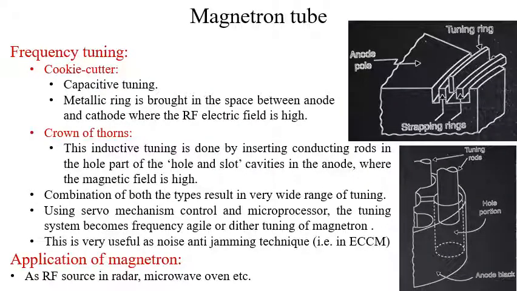Now the frequency tuning. One technique is called the cookie cutter. This is the capacitive type of tuning. A metallic ring is brought into the space between anode and cathode where the RF electric field is high.